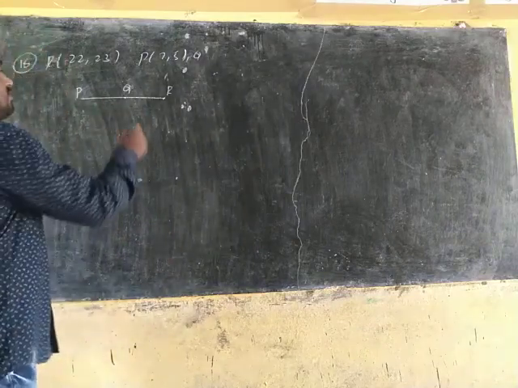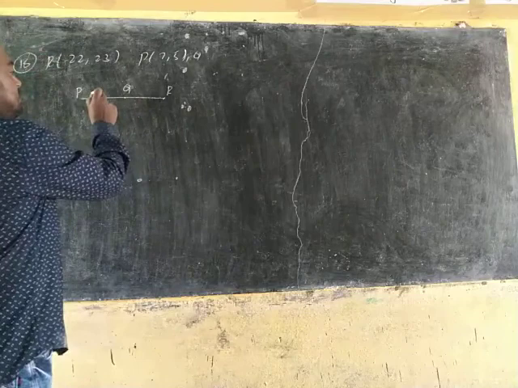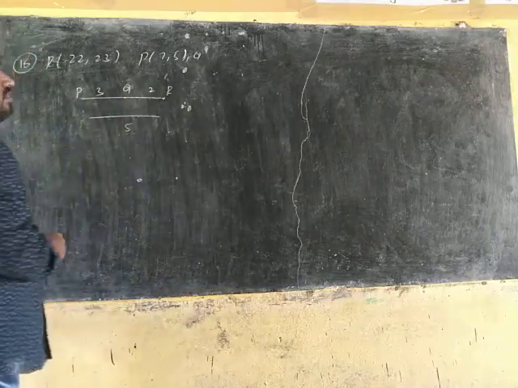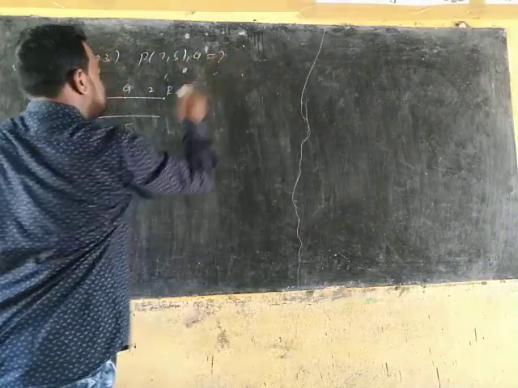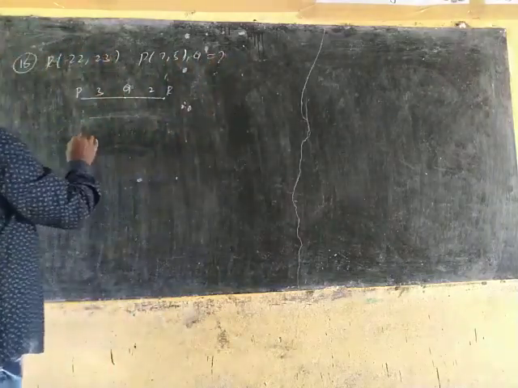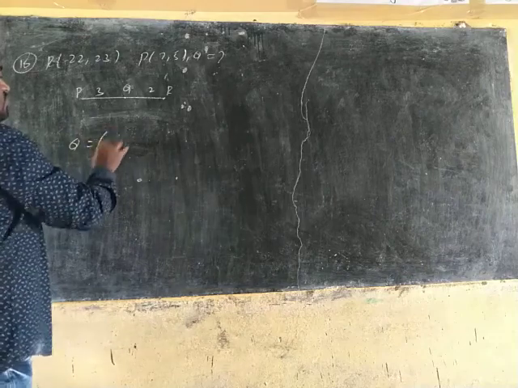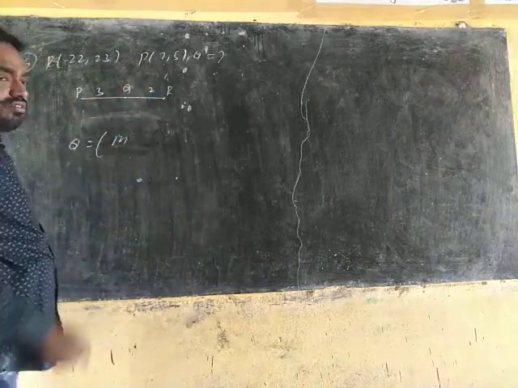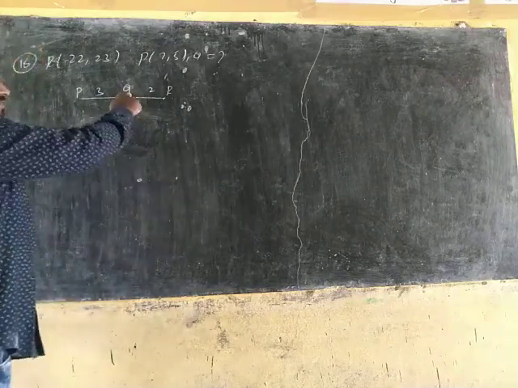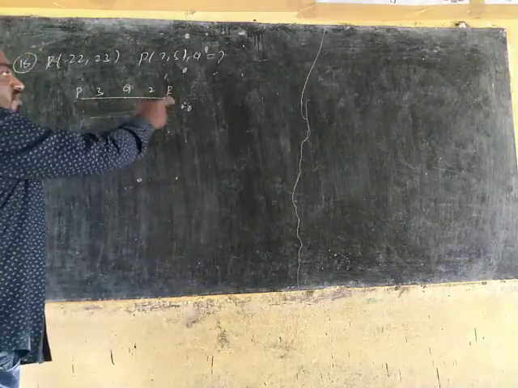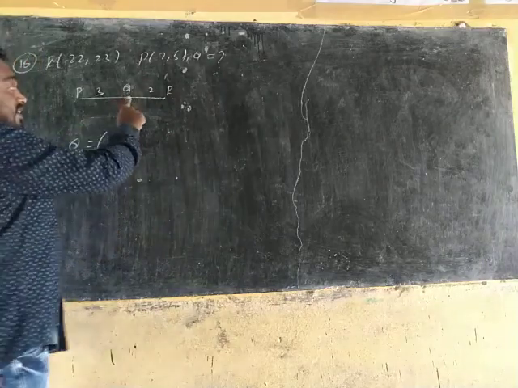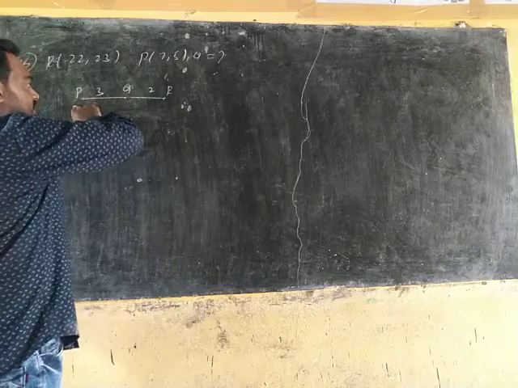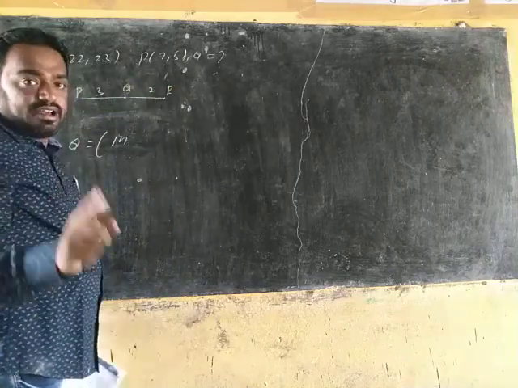That means the total distance is 5, here 3. So 3:5, this total is 5, means here 2. What are they asking? Q point they are asking. So Q is simply the internally dividing point of P, R. Q lies between P and R. So Q is the internally dividing point of P, R. Have you got the point?